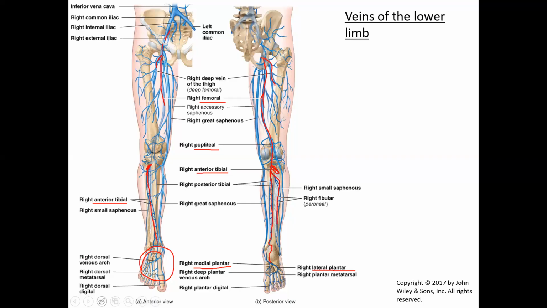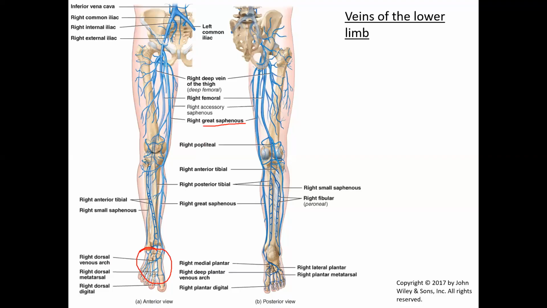The differences we see are going to be with the superficial veins. So we mentioned that the dorsal foot veins here are going to mostly not drain into the anterior tibial vein. That's because they're going to drain into one of these superficial veins. Here's the name, the great saphenous vein.